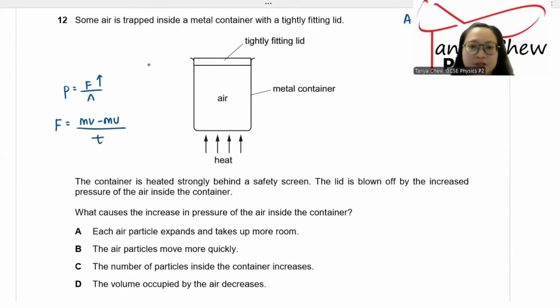When the air particles are heated, they collide more frequently with each other as well as the wall of the container. The collision is elastic, and due to the high heat, the speed or kinetic energy of the air particles is also high. That is why the force increases. When the force increases, the pressure will also increase. So B is the answer.